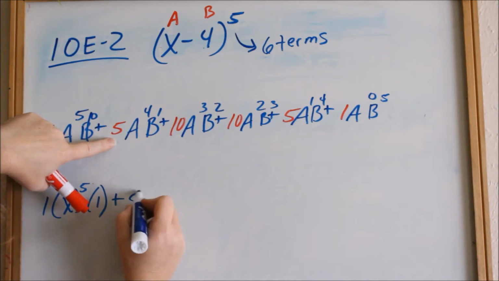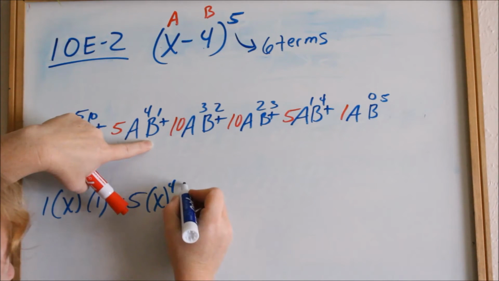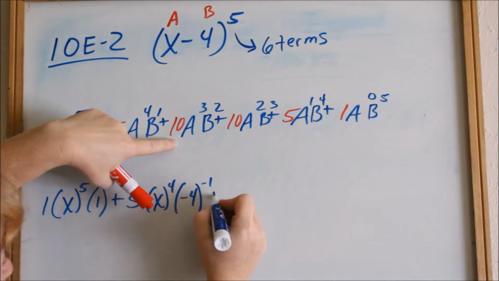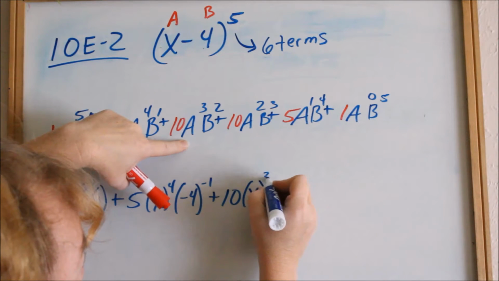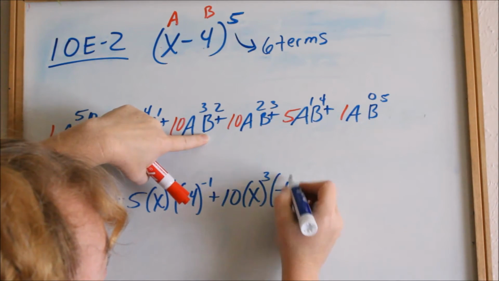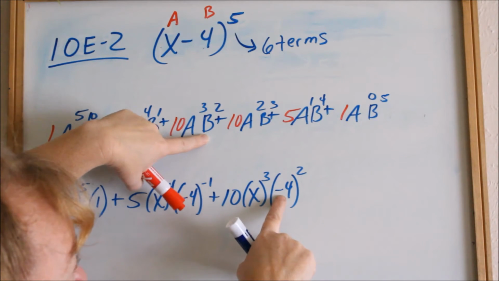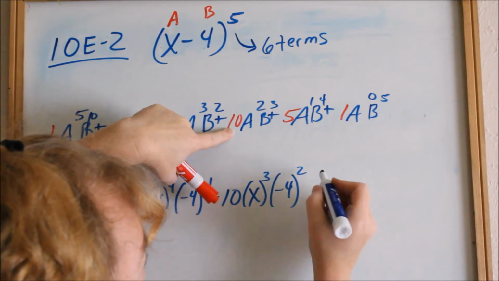Plus 5, a is x, x to the 4th, times b, which is -4 to the 1st, plus 10 times a is x cubed, b is -4, and that's squared. This is why it's important to have your negative in the parentheses, because then your exponent is going to help determine do you have a positive or negative number.